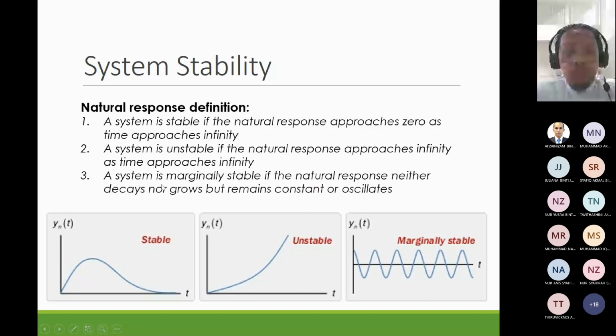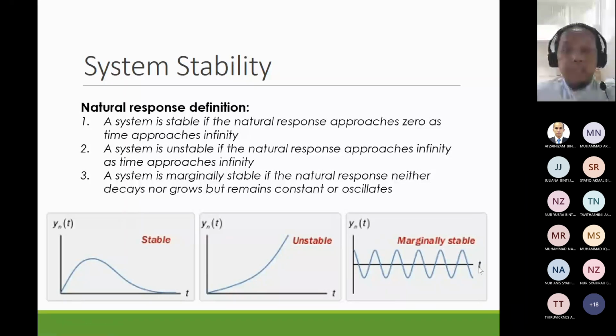Lastly, a system is marginally stable if the natural response neither decays nor grows but remains constant or oscillates. The third figure shows an example of a marginally stable system. The system oscillates and doesn't show any sign of decay or growth as the time approaches infinity.